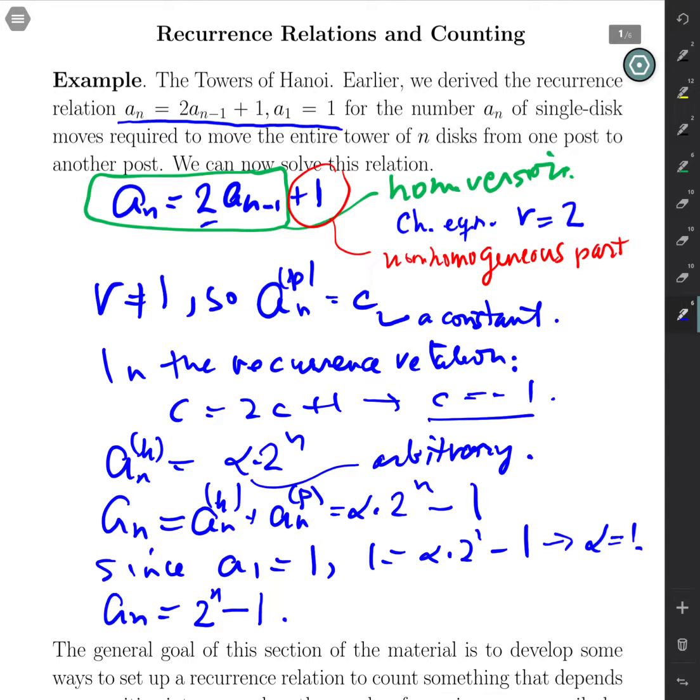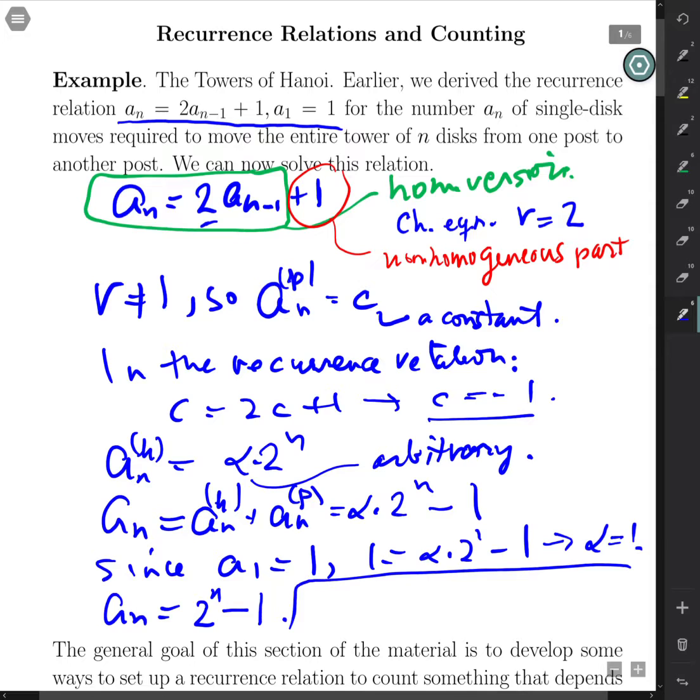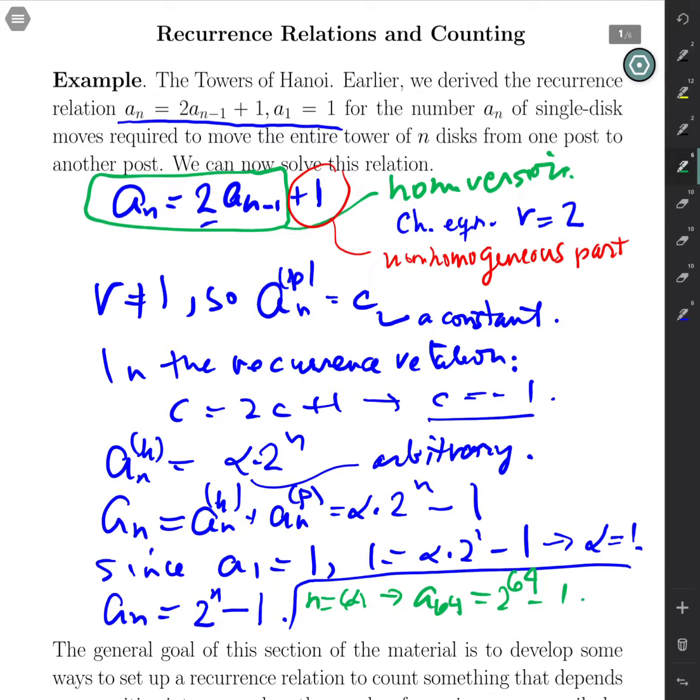So if we had the case where n is 64, that would give us a_64 = 2^64 minus 1. So with 64 disks, not all that many it would seem, right? Just 64 disks.